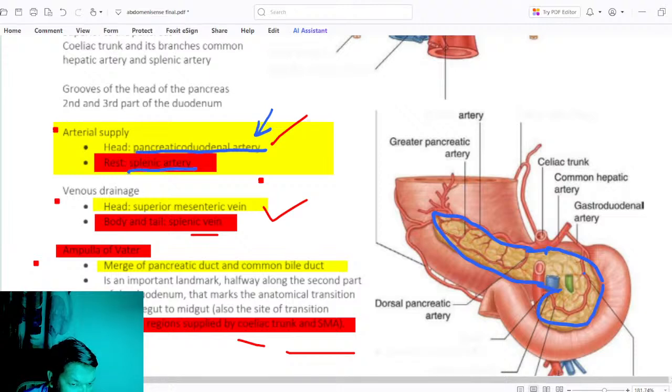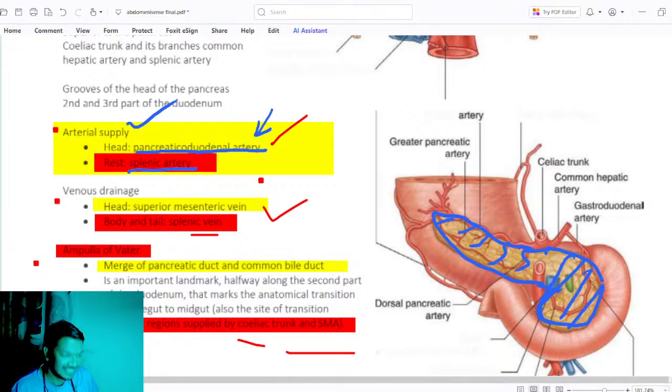So it is very easy, right? Only head part is supplied by the pancreaticoduodenal artery, and the remaining part is by the splenic artery. The splenic artery is a branch of the celiac trunk.